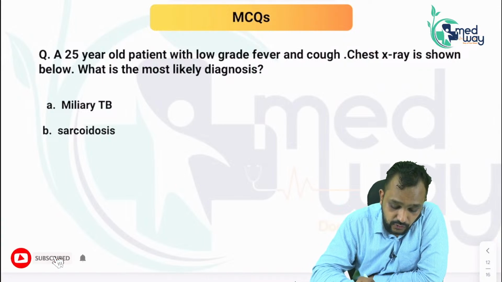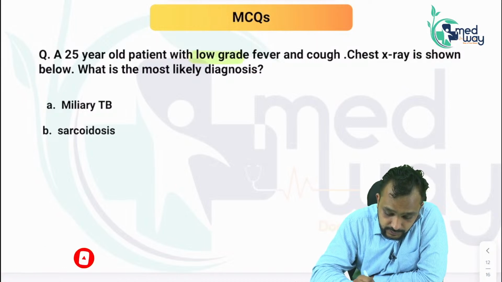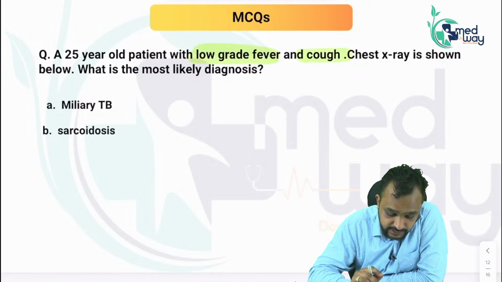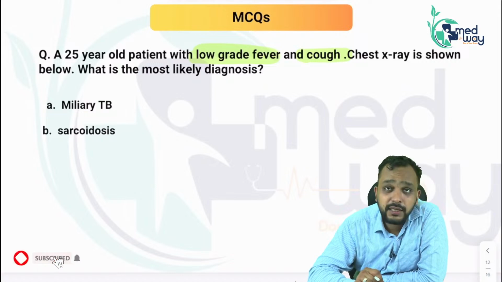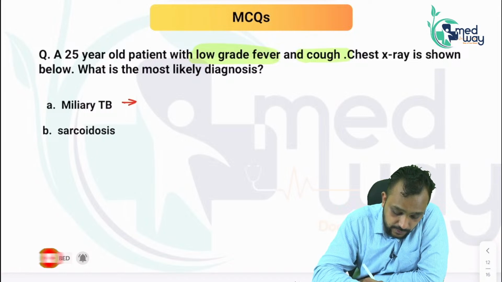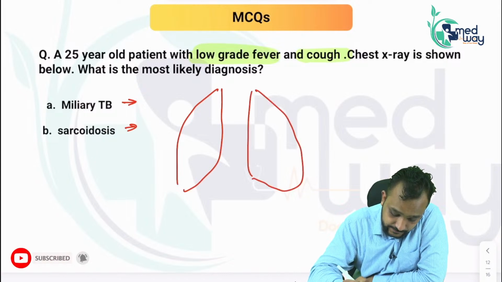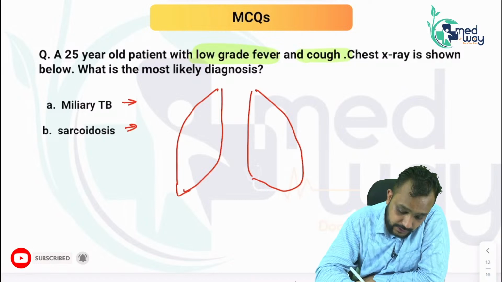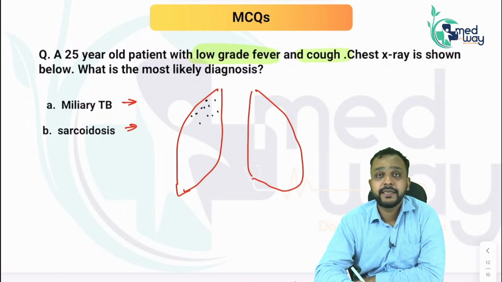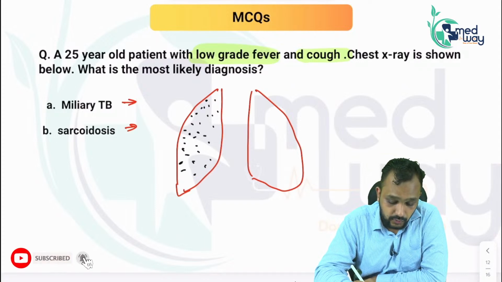Now a 25-year-old patient presented with low grade fever and cough. A chest x-ray is shown. Guys, can you tell me what chest x-ray was shown? Let me tell you about the two options. In miliary tuberculosis, on the chest x-ray you will see multiple tiny radiodensities, nodules scattered in both lungs.